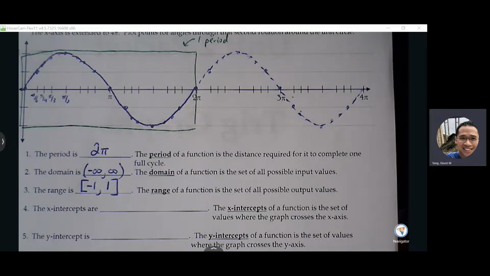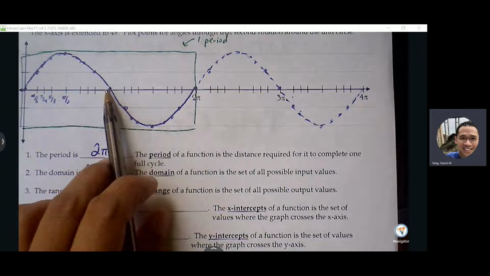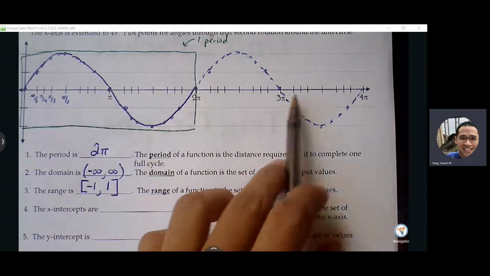Okay, x-intercepts: we see that the graph hits the x-axis at all the multiples of pi.